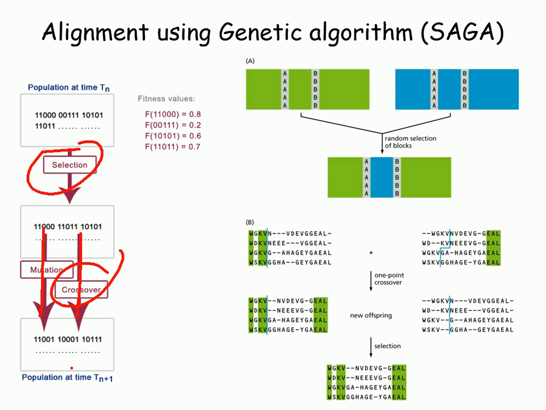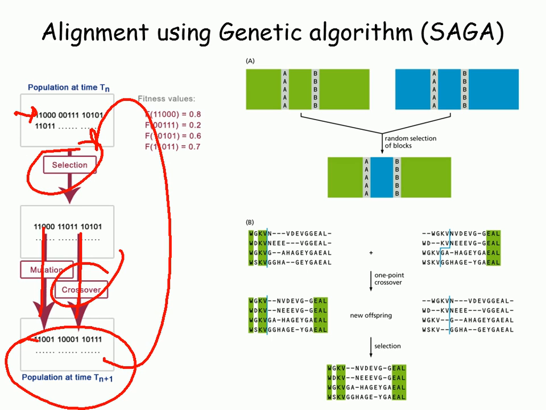Okay, so that gives us a new population. Each row here that is represented in binary is representing a solution to multiple alignment. After we get the new population, we perform selection again, and we repeat this process, let's say 1,000 times, or until we are happy with the alignment score.